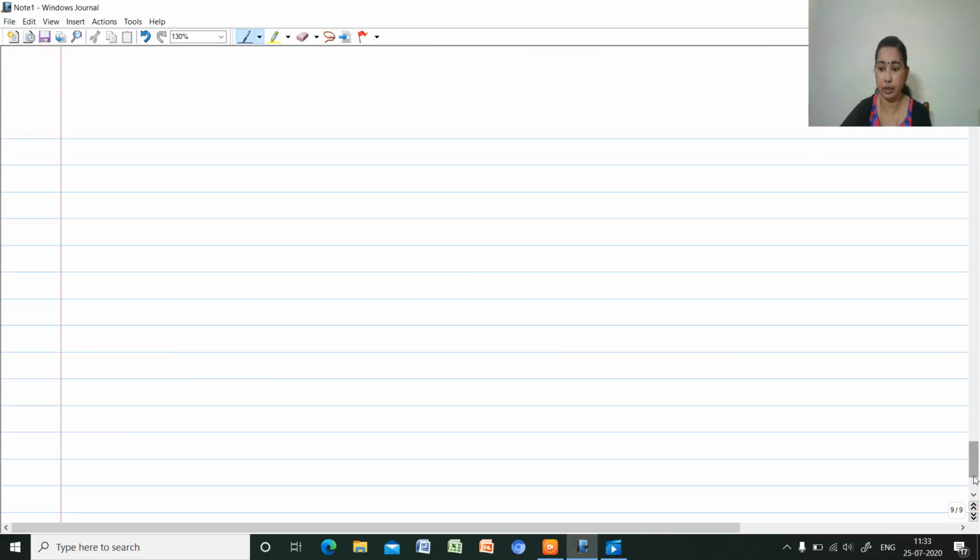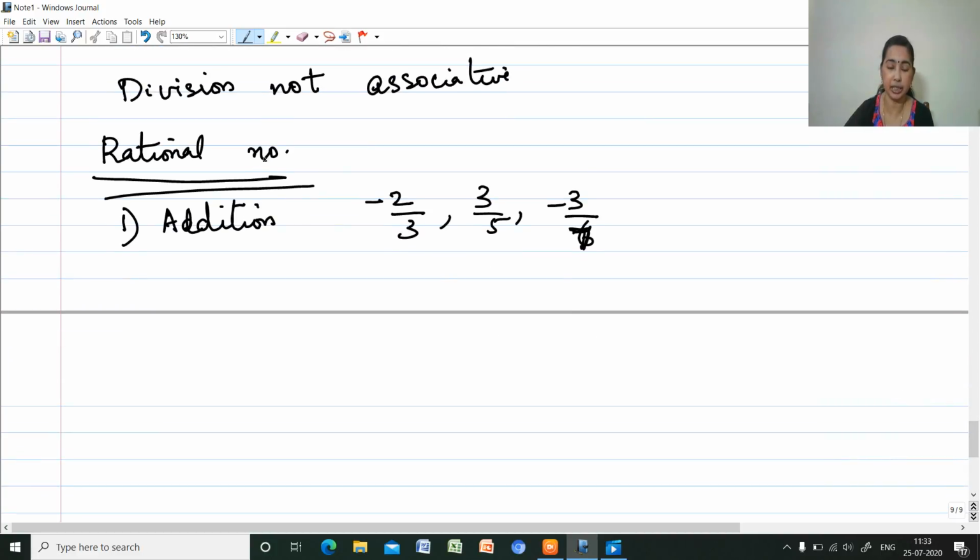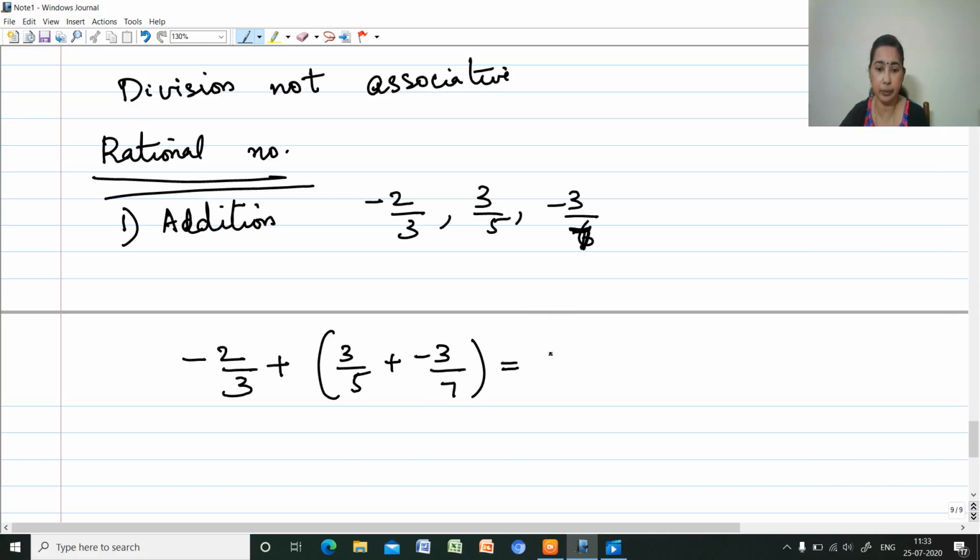So in the case of rational numbers, I'm adding this, I'm checking associativity here, that is -2 by 3 plus 3 by 5 plus -3 by 7. That is equal to -2 by 3 plus, here denominators are different, you have to make them equal. You can see one is 5 and other one is 7. So to make it 35, we can make that 5 into 7 is 35.